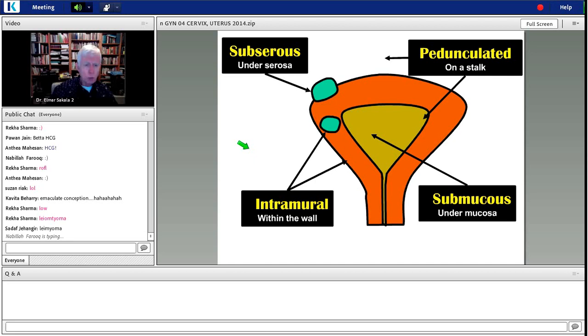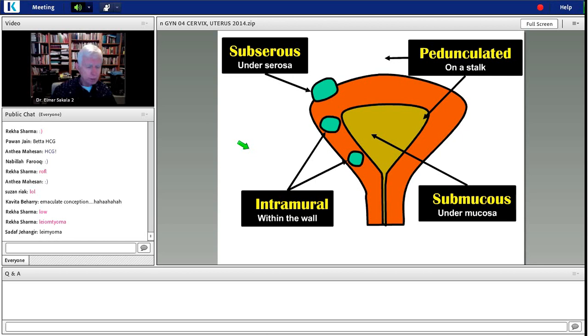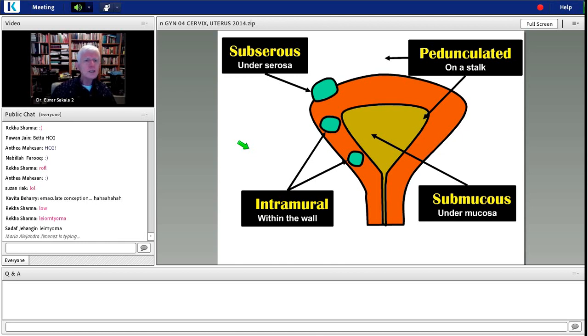This is in the wall of the uterus. This is in the wall. We call this intramural. The patient doesn't even know it's there. You won't see this on imaging. I suspect many of you ladies who are on the course tonight have leiomyomas within the wall of your uterus, and you don't even know that they're doing anything. And they're just sitting there minding their own business.